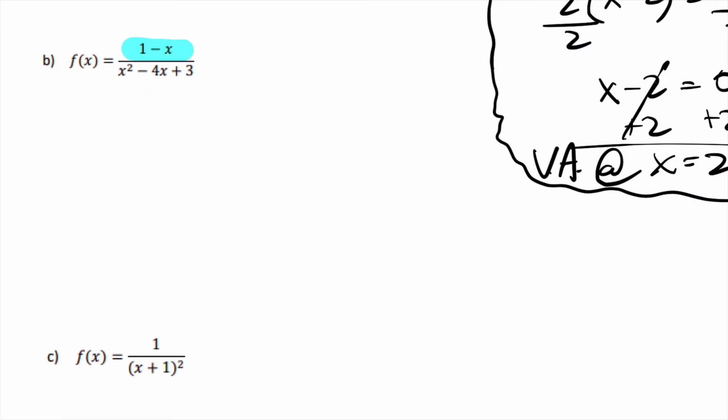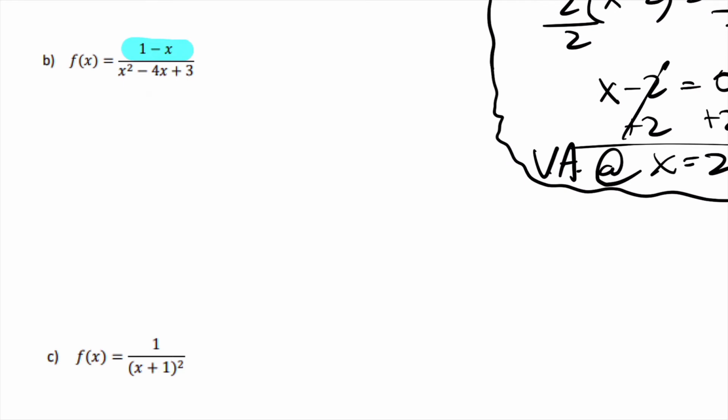It's not the way we're used to seeing it, right? It's not wrong. It's a positive 1 and a negative x. There's nothing wrong with it, but it's not the way we're used to seeing it.